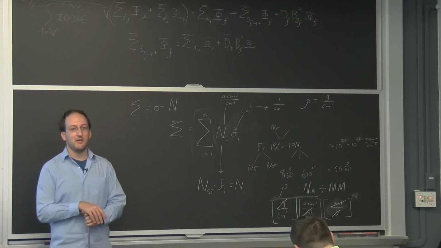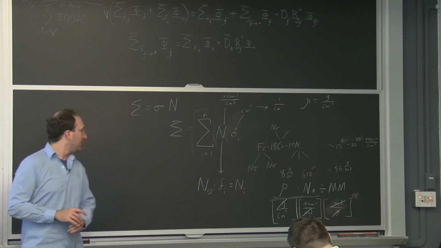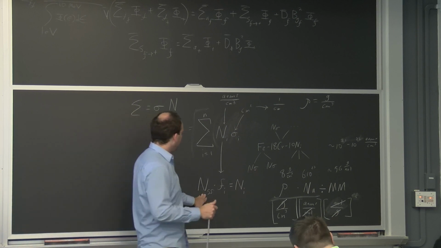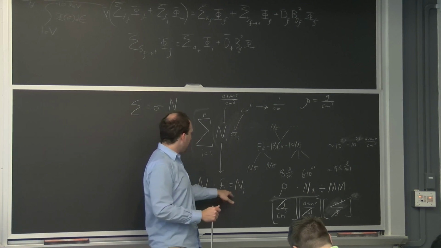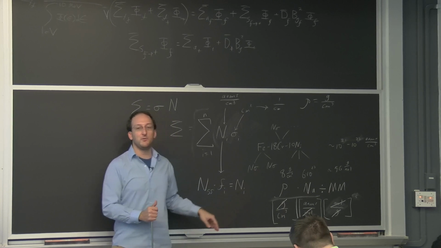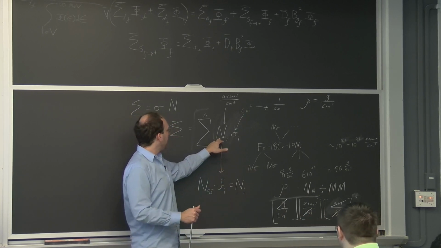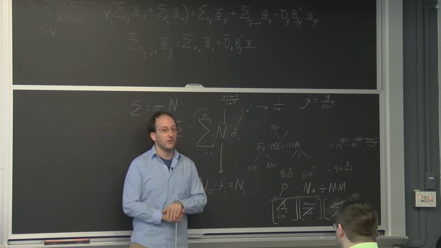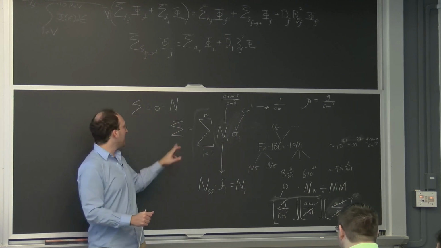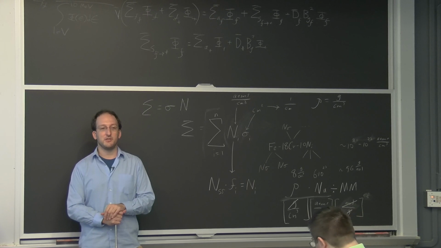So that'll help you check your math to make sure you get the number densities right. If you get the number densities right, and you know the atom fractions, then you have the number density of each isotope in the number of atoms of that isotope per cubic centimeter. And then you multiply by your microscopic cross-section, and you get your macroscopic cross-section.